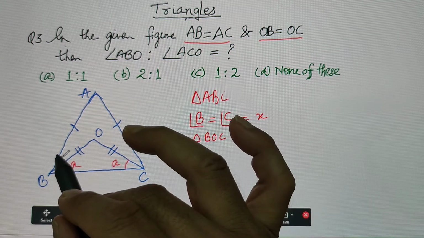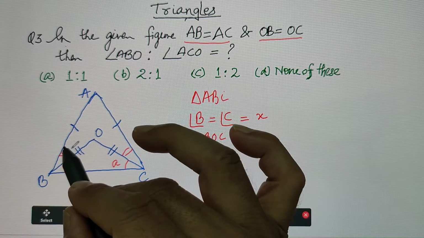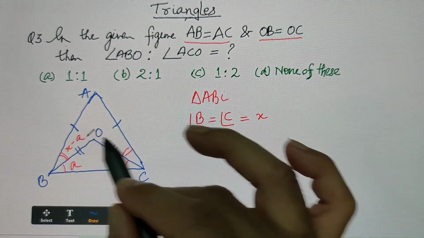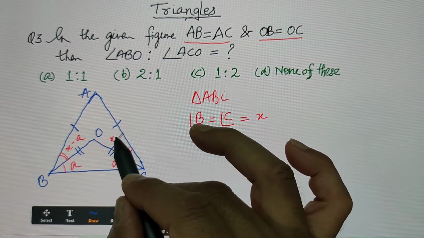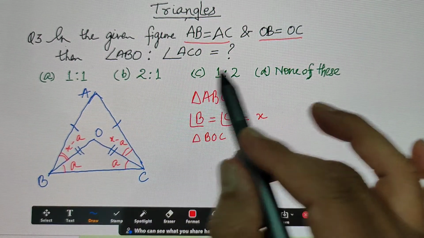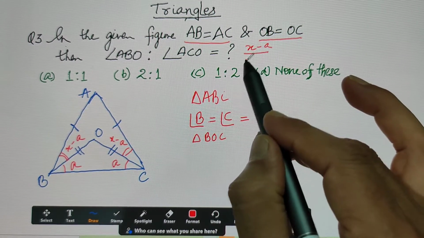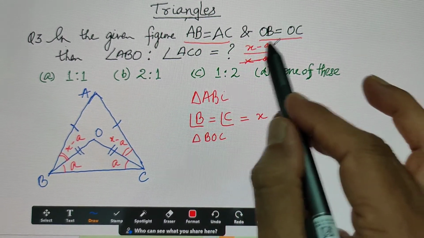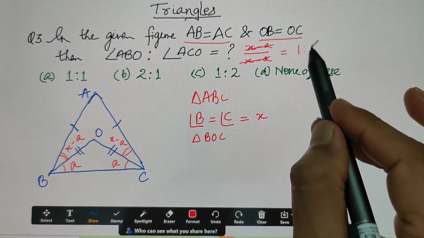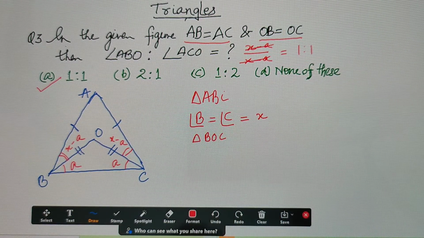Now what is going to be the value of these two angles? This is going to be x minus a, and here also I'm going to get x minus a. So the ratio of these two angles is going to be x minus a upon x minus a. Cancels out, 1:1. So option A is the right answer.